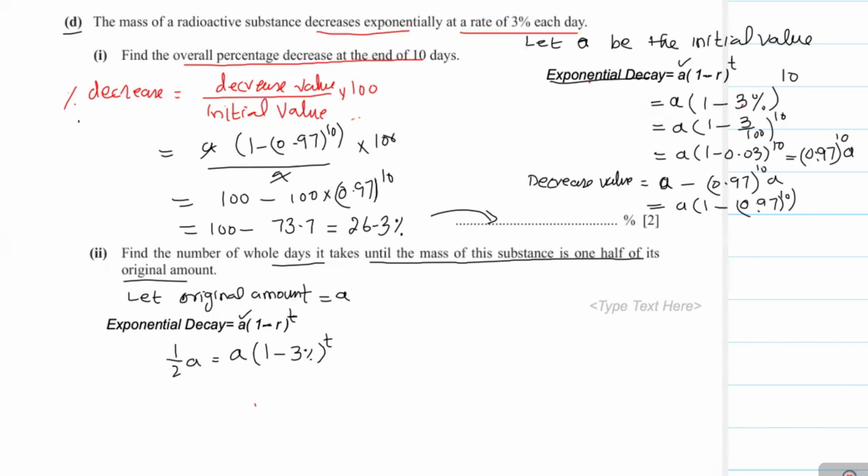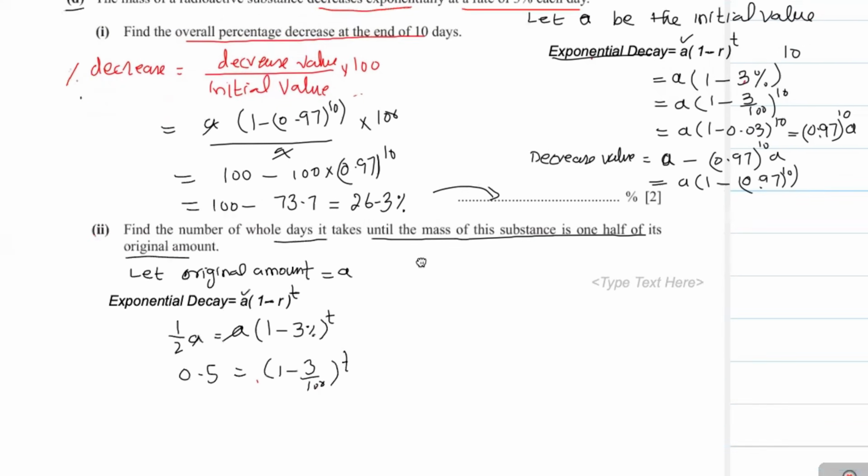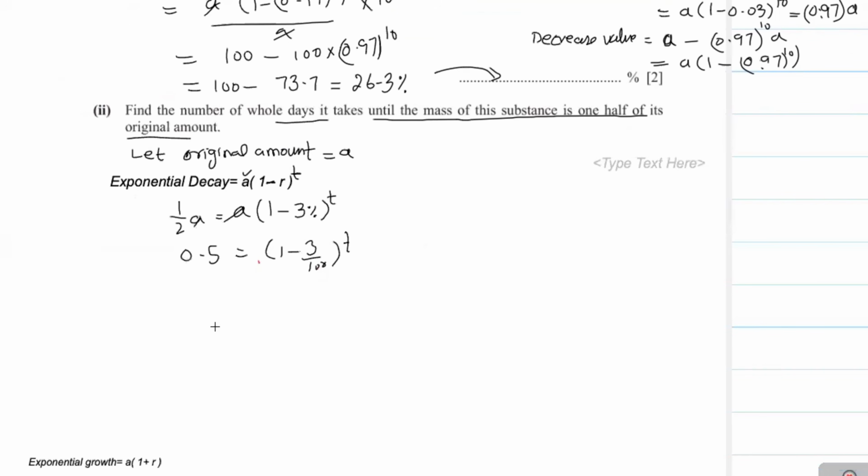In this formula, a is the original or initial amount. Now we calculate it: a will be cancelled, this is equal to 0.5, and this is 1 minus 3 over 100 power t, and this will be equal to 0.5 equal to 0.97 power t.